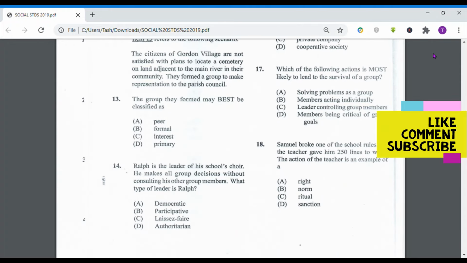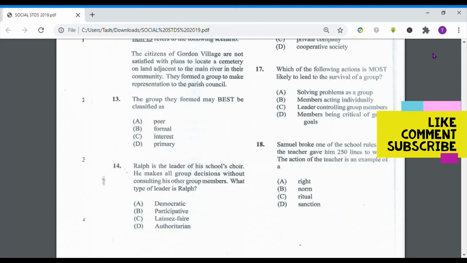For number 17, which of the following actions is most likely to lead to the survival of a group? Survival of a group means that the group is going to stay for a long time. The options are solving problems as a group, members acting individually. No, you don't want members to be acting individually as a group. That would create problems.